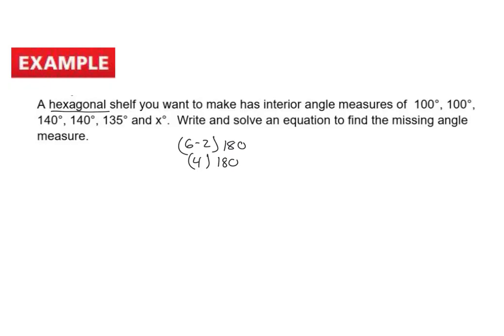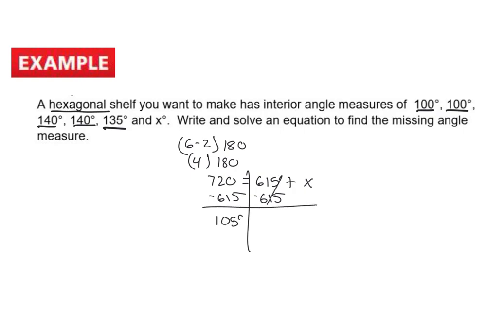That's 720 degrees of interior angles. Now we'll add up. 100 and 100 is 200, 340, 480, and then 480 plus 135 is 615, plus the missing value of x. So take away 615, take away 615, and you get 105 degrees equals x.